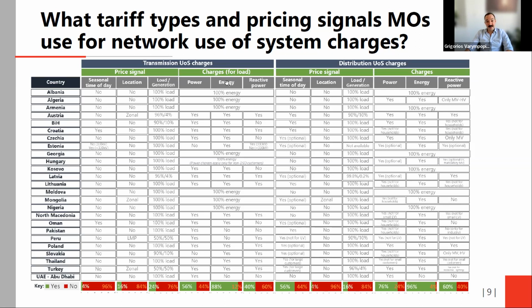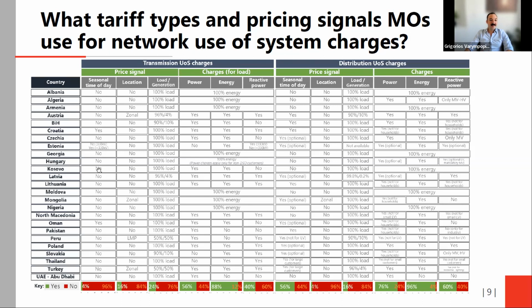Then also if they include an energy charge, and if they include a reactive power element in the charging structure. So this first set is for transmission use of system charges. And the second set at the right is for distribution use of system charges. So I'll comment on the averages that we see in the bottom.